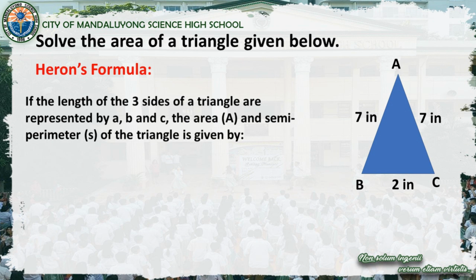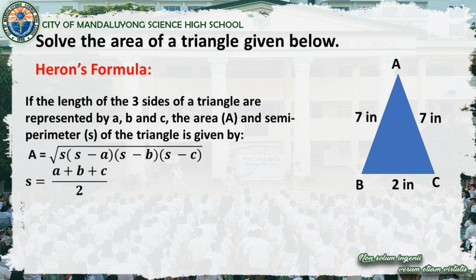Heron's formula states that if the lengths of the three sides of a triangle are represented by A, B, and C, the area A and the semi-perimeter S of the triangle is given by the formula: area is equal to the square root of S times the difference of S minus A times the difference of S minus B times the difference of S minus C.